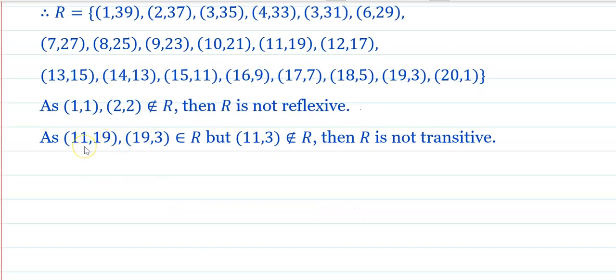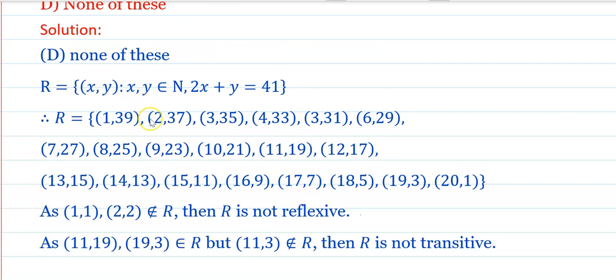Similarly, (11,19) belongs to the R set, and (19,3) belongs to R, but (11,3) does not belong to R, and hence it is not transitive.